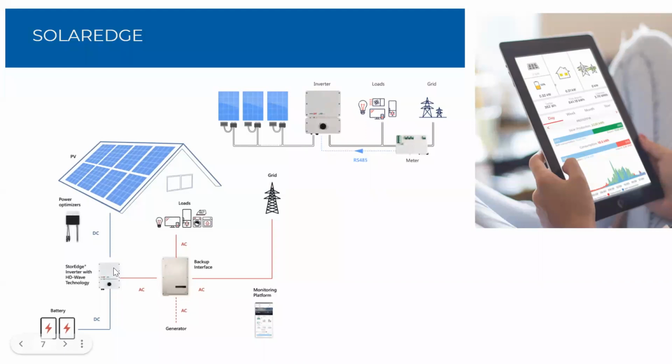Let's talk about the distinctions between an HD wave and an energy hub inverter. When I have an HD wave, as pictured here, I can take my panels with my P series optimizers and feed my HD wave. Then I can take my HD wave and feed my house or the grid. This is very similar to this first solar only diagram.